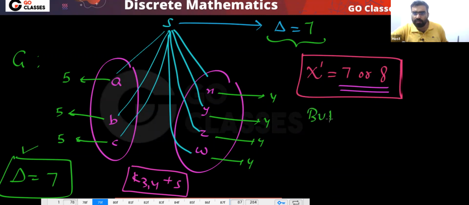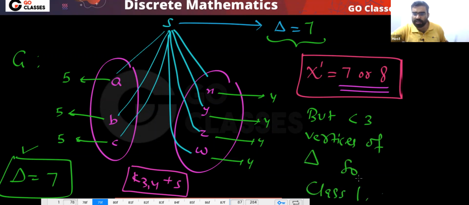But you know that there are less than 3 vertices of maximum degree. So class 1, and hence the answer will be 7.